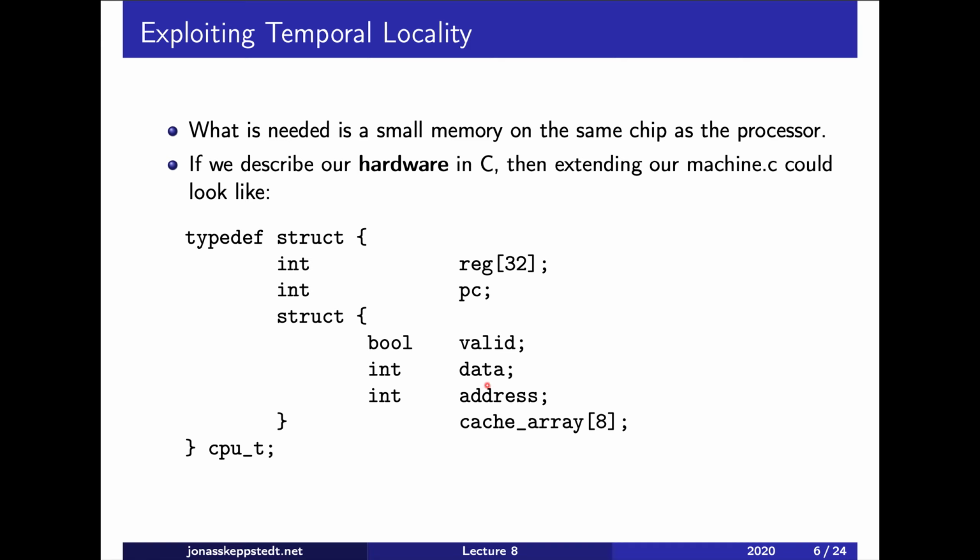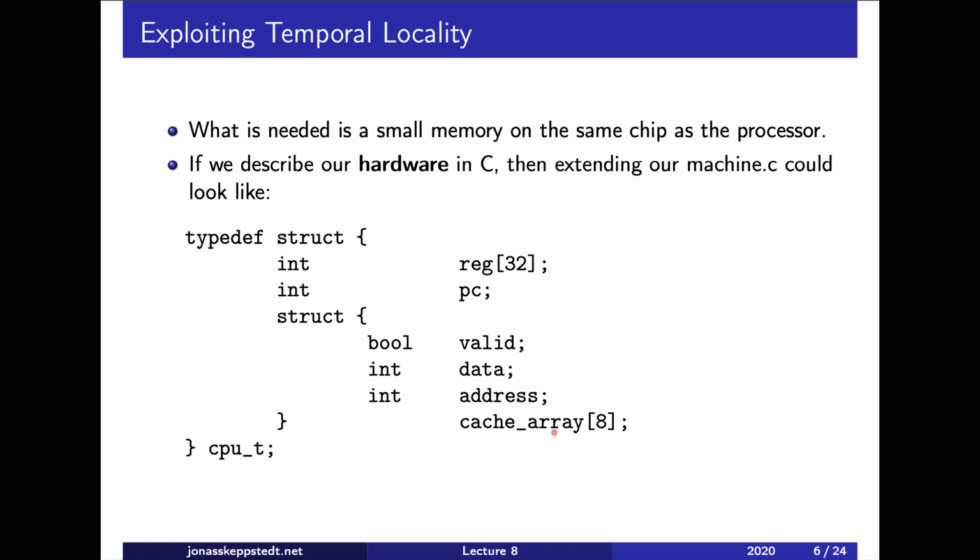Okay, so what can we do with this? Each element in this array is a struct, and it contains data and address and a boolean which says if this data and address are valid or not. What we can do is put the 8 most popular data items in this cache array.